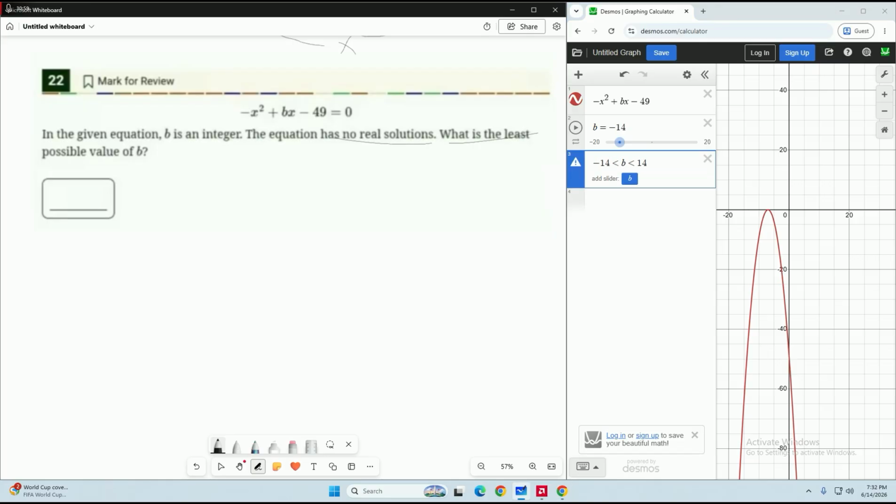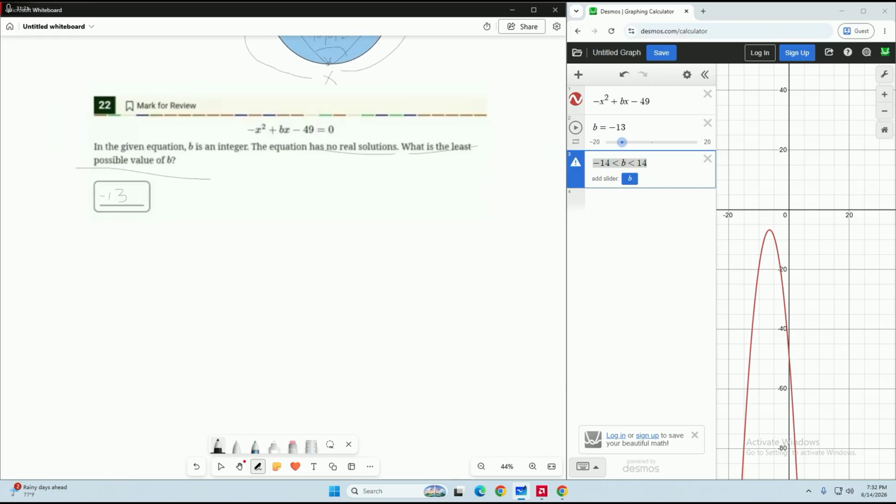Then it asks us what the least possible value of b is. So what is the least possible number in this inequality that satisfies the value of b? That value is going to be -13, because you can't include -14, and -13 is the least possible value of b that satisfies this inequality right here. So -13 is our answer to this question.